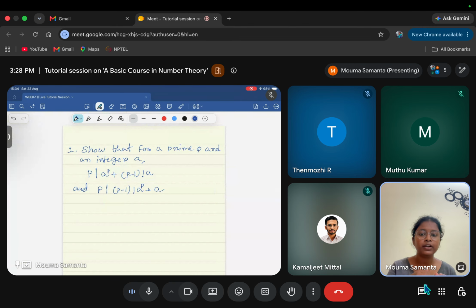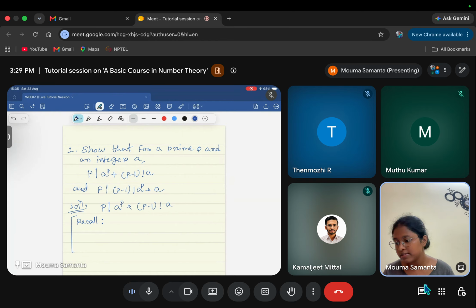So can anyone try to solve this one by yourself, or you can tell me right now, then I will try to solve. Will anyone try? For this one, first we want to show p divides a power p plus p minus 1 factorial times a.